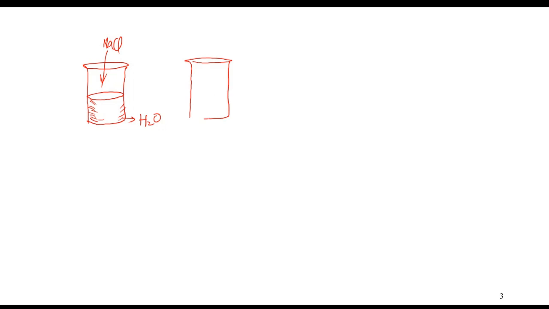Okay friends, suppose I take water and I dissolve NaCl. It will form a homogeneous mixture, and that is known as a solution. So I prepare another solution of glucose, C6H12O6, in water.